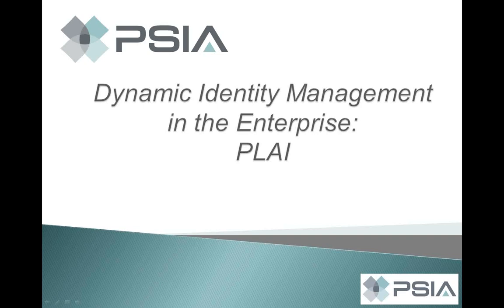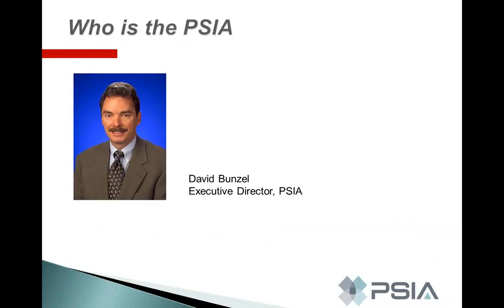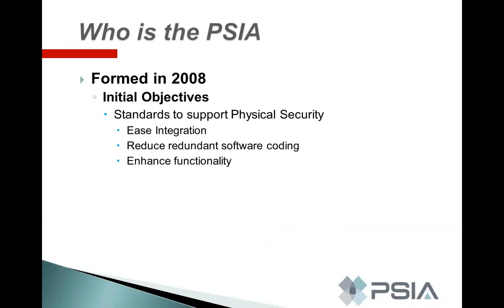So the PSIA was founded in 2008, and in 2008 we actually had a meeting with about 25 companies. We basically looked at the physical security industry and realized that there was need for standards and specifications now that the industry was going more towards IP.